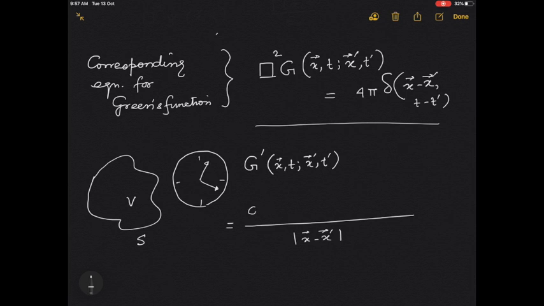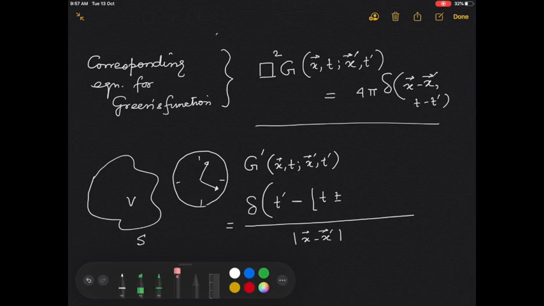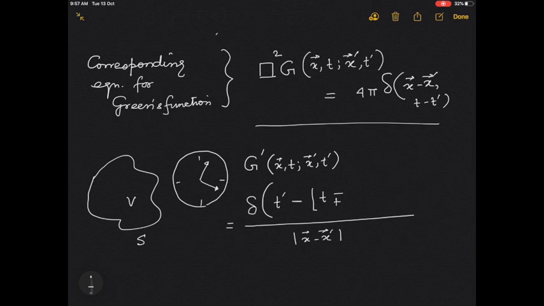It has the classic x minus x prime in the denominator, but the numerator now involves time. So the numerator is a delta function. It's a little complicated delta function. It's t prime minus t plus minus, or rather minus plus. So there are two solutions to this. So I call those G plus minus.